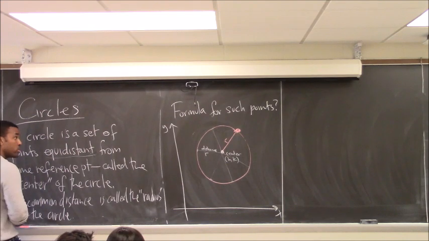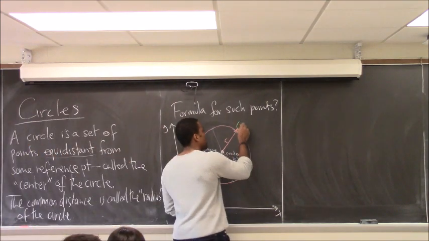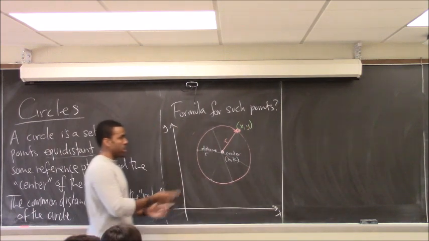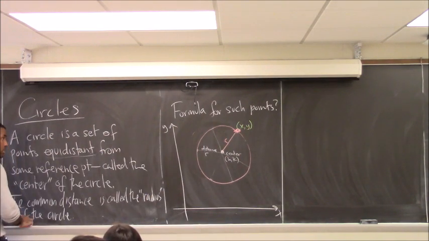So how do we find all such points? Well, you give them a name, call it x, y, where x and y can just change coordinates as needed.